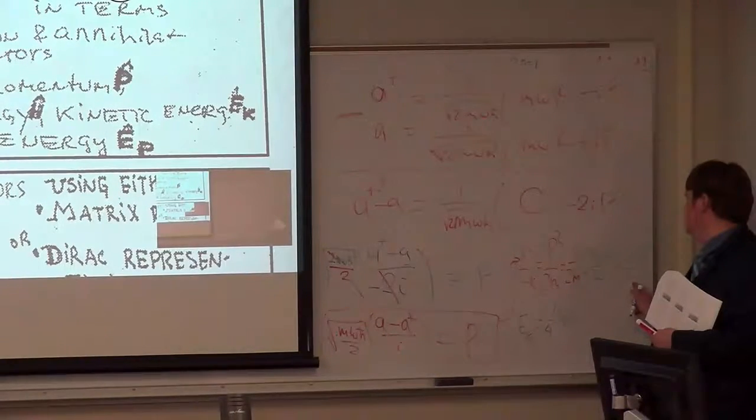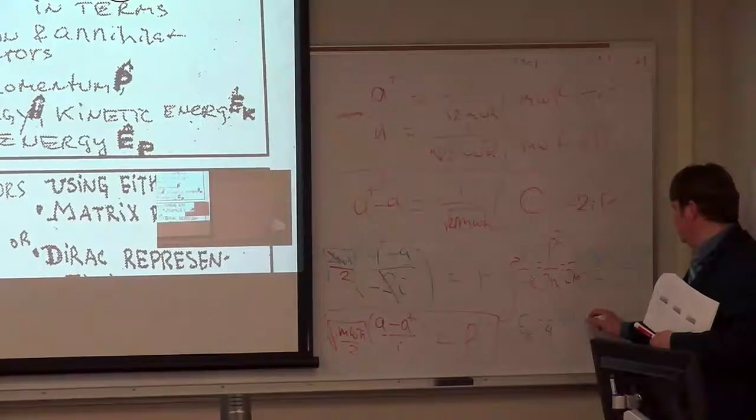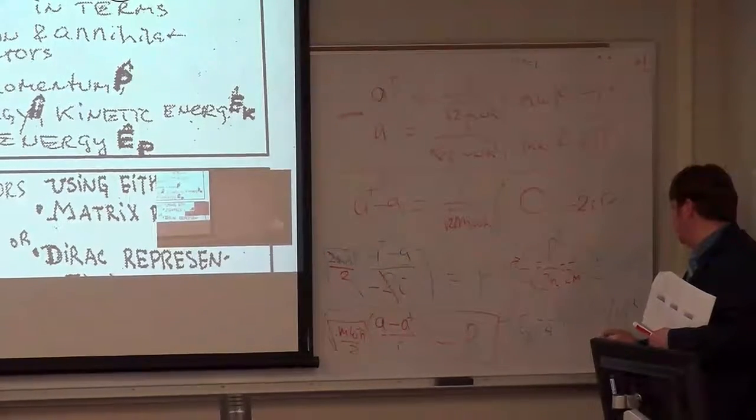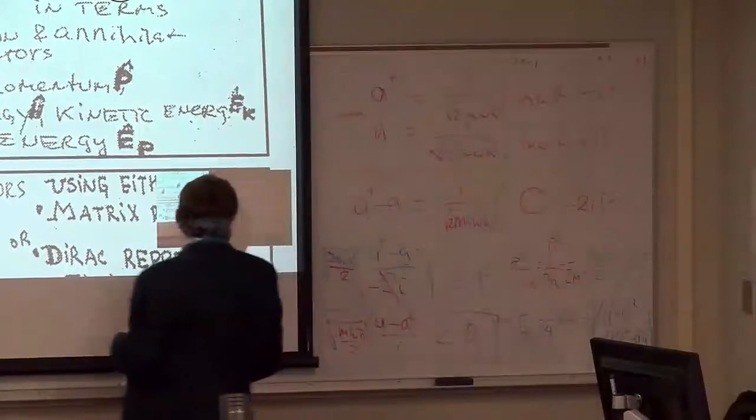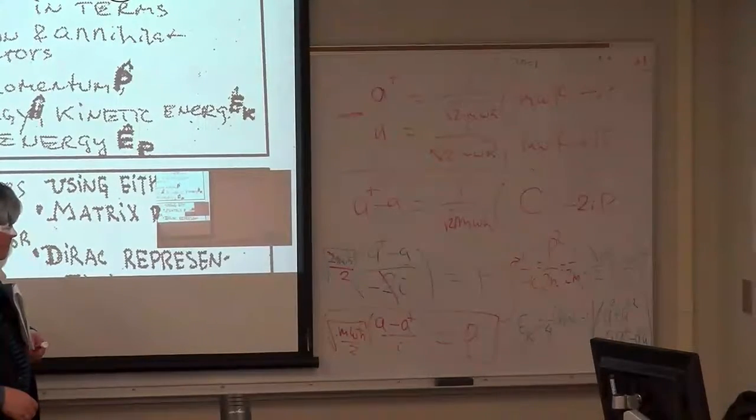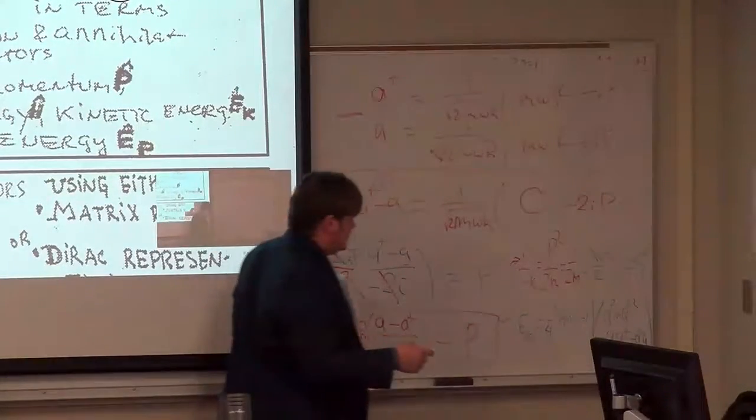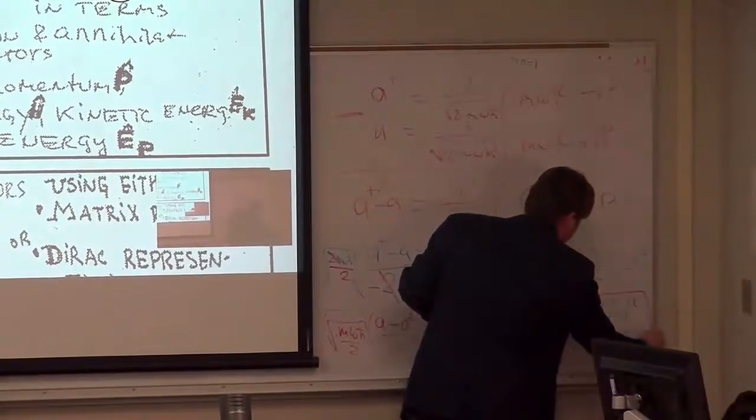I squared will be minus 1. And here we have a square plus a dagger square plus minus a dagger minus a dagger a. Well, one can try to simplify it further, but this one is not too bad.